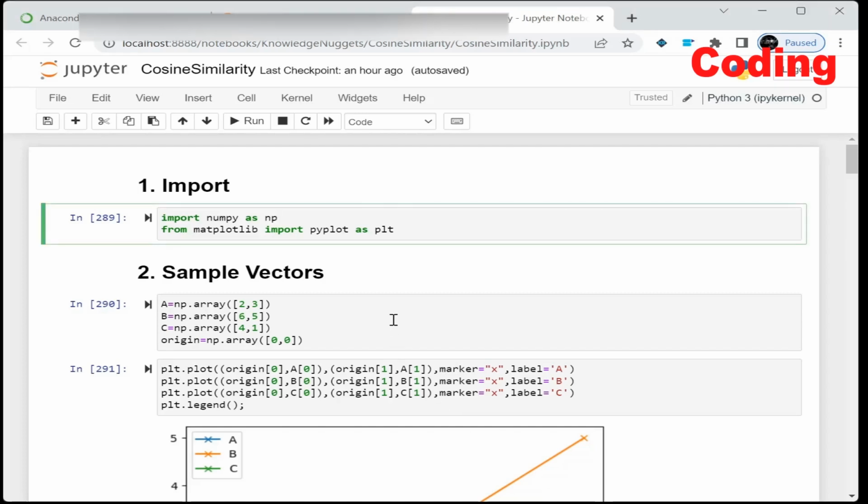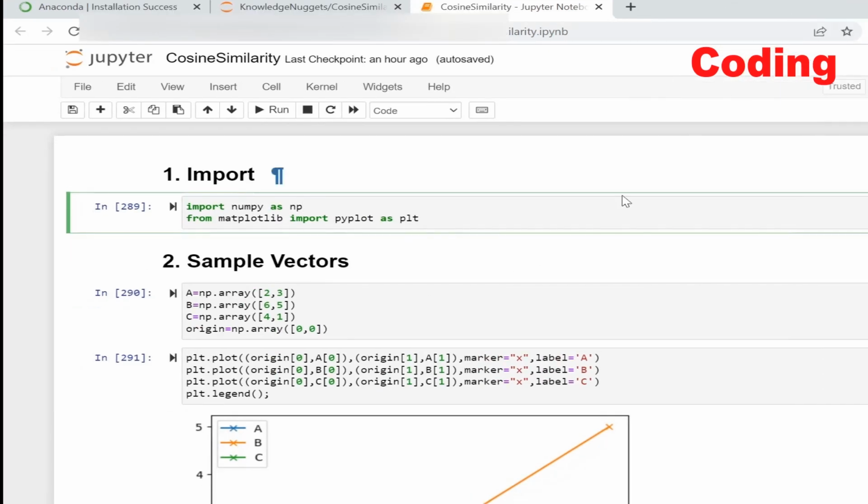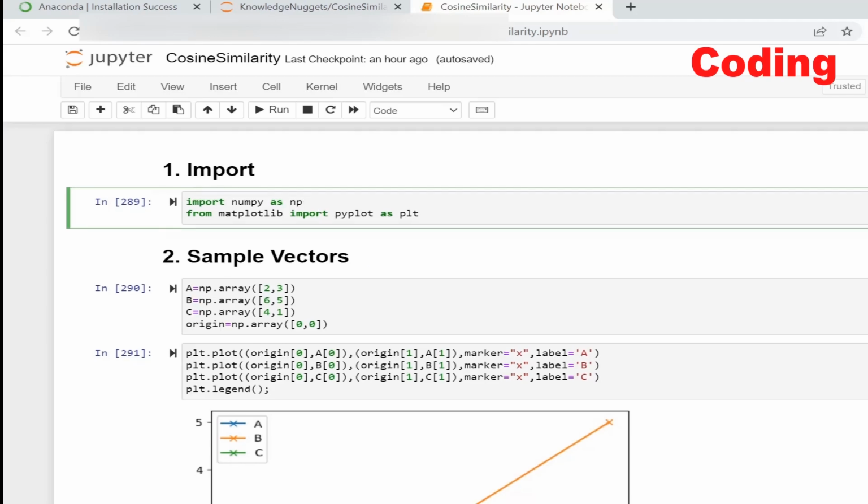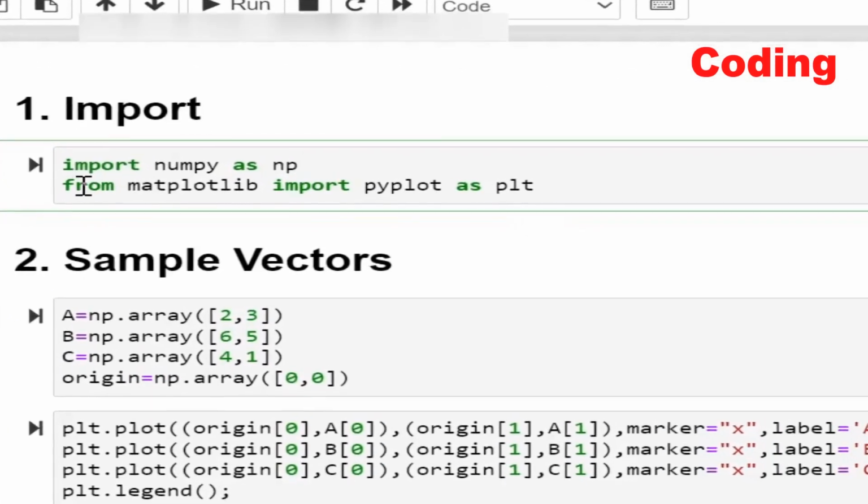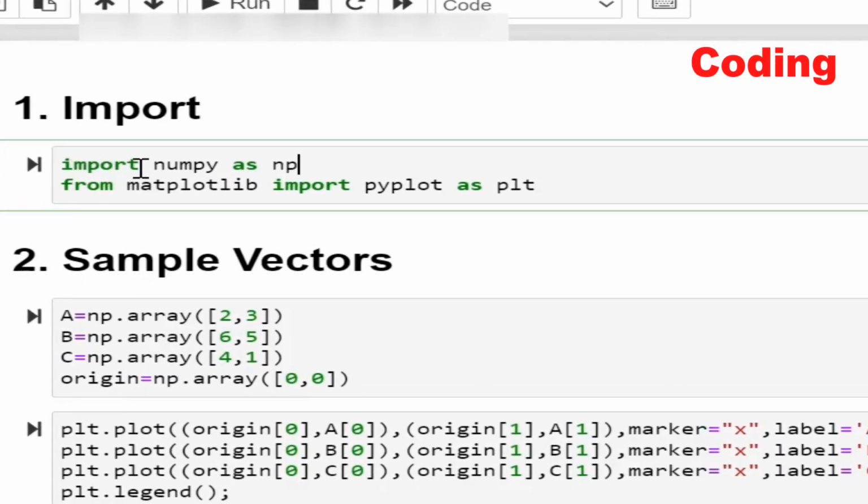First step, we'll be installing the two packages, NumPy and Matplotlib. NumPy is used for numerical calculations, and Matplotlib will be used here for plotting purposes.